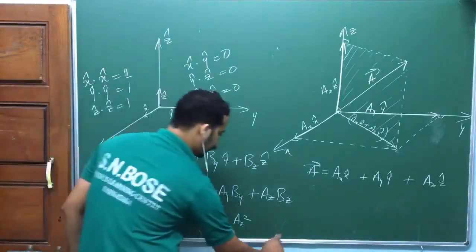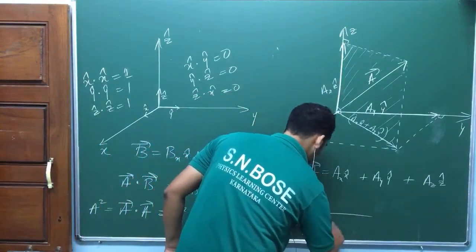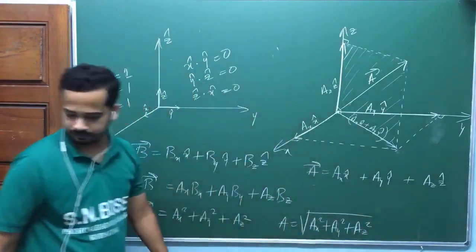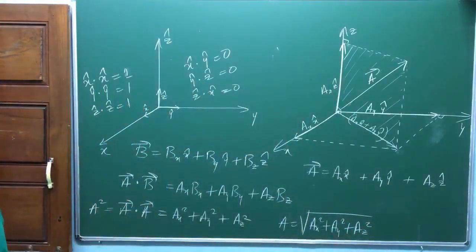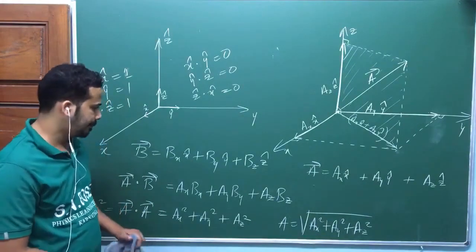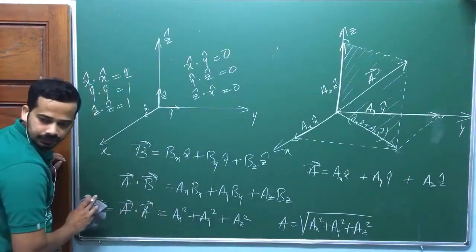So you can write a is equal to root of ax square plus ay square plus az square, isn't it? We can generate this idea. I hope you have already done these things. Make it very brief.